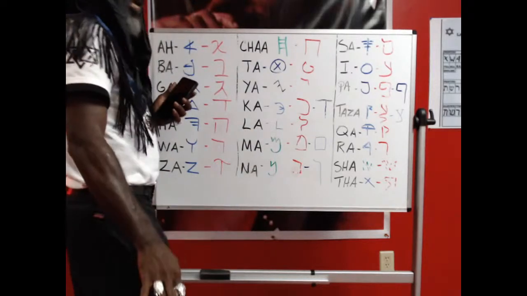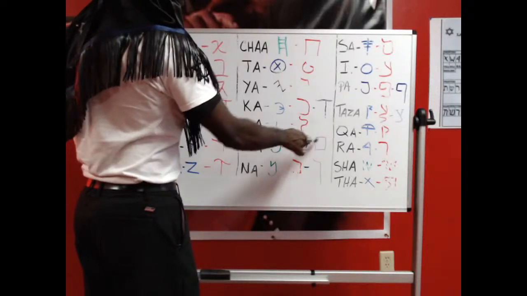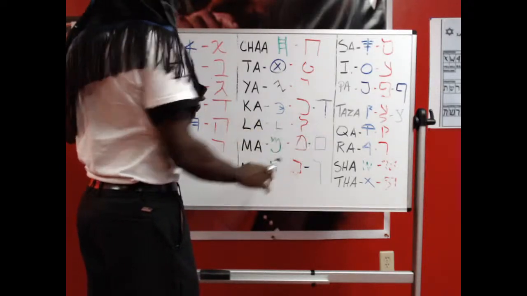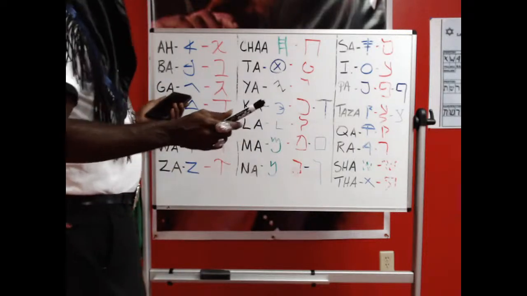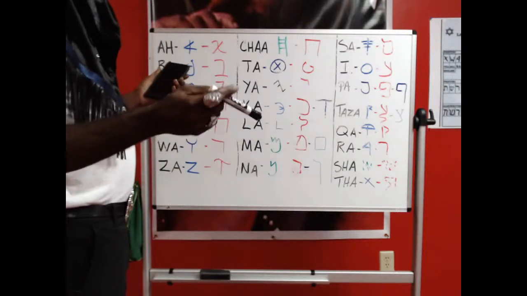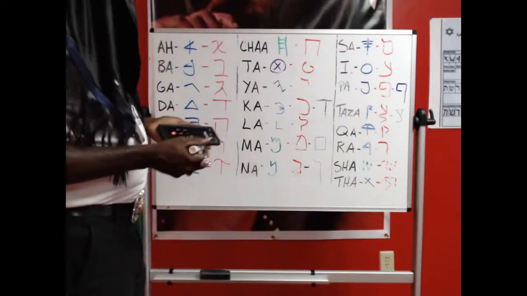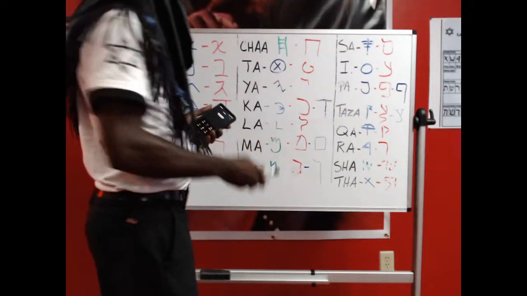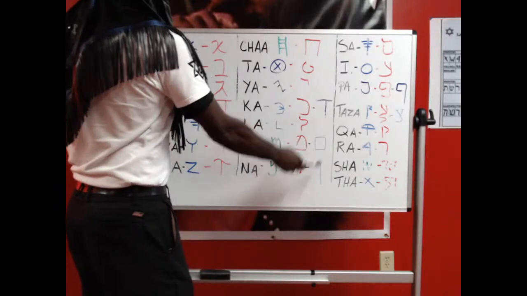And when you get to the end of the word and you see a ma, it's going to look like a square. It's going to look like a complete square. That's what it's going to look like. So, for example, Akim. That would be the last character in that. Akim. We'll go over it.